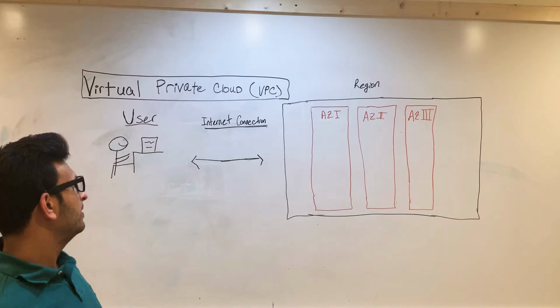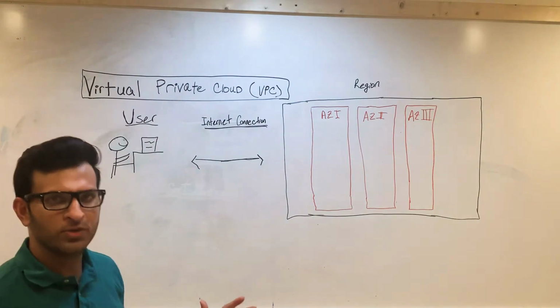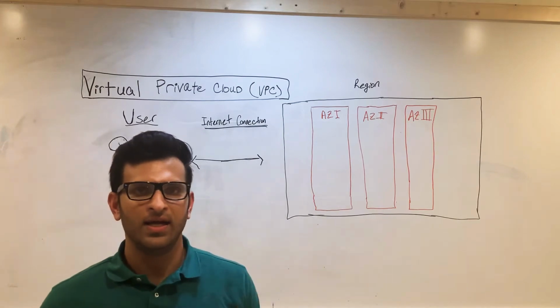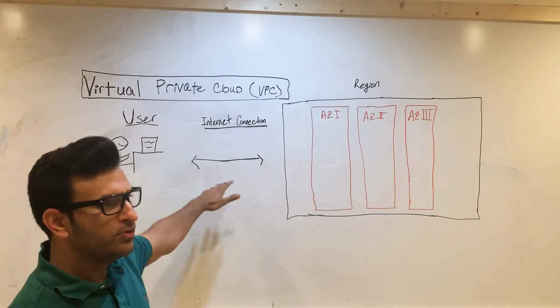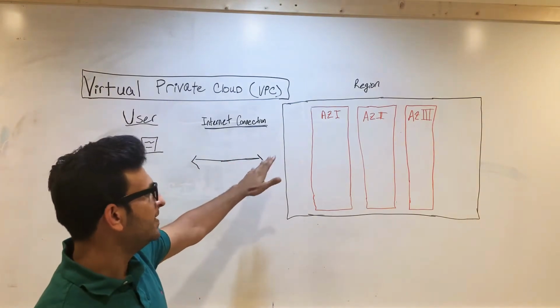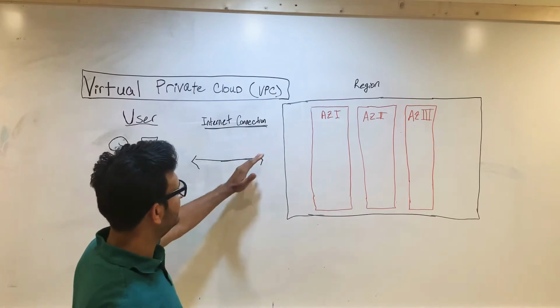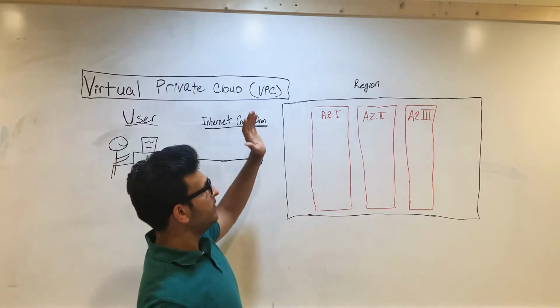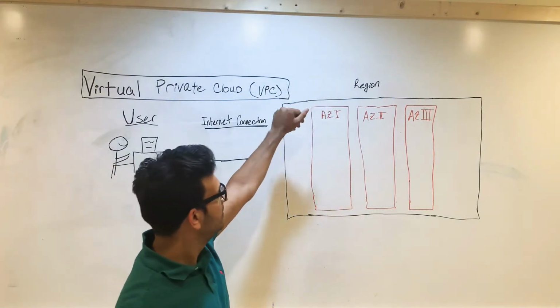So here's a diagram, and let's say conceptually that you are trying to access AWS. You want to access a file that is in a specific availability zone. So you go onto the internet, you're in a specific region in which Amazon Web Services is located.